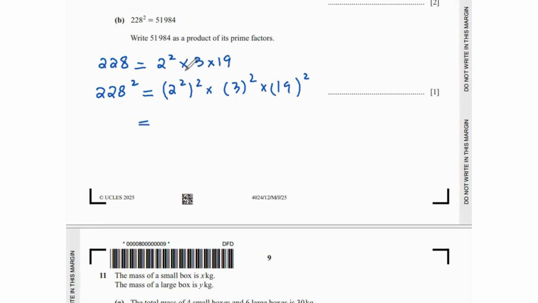Remember, whenever we have a power outside the bracket and inside the bracket, you multiply the powers. So 2 times 2, 4, 3 square as it is, and 19 square as it is. So 228 square is the same as 51,984. So as a product of its prime factors, that's going to be 2 to the power 4 times 3 square times 19 square. That's your answer.